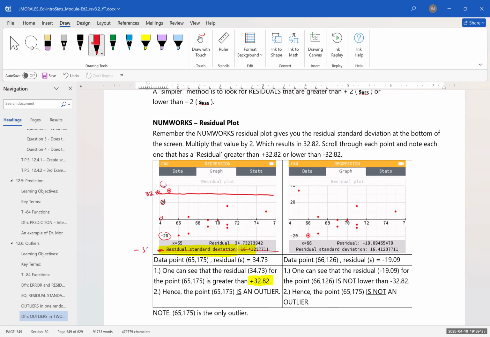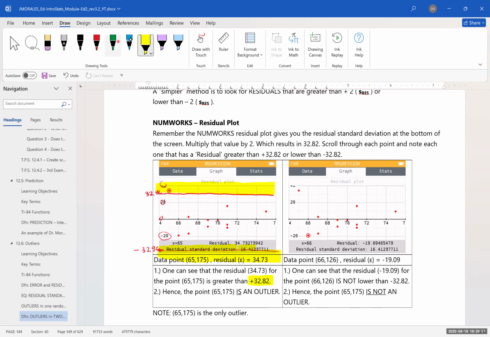So that'd be negative 32.82. And so what you want to do is look for any data points that are either above 2 times the residual standard deviation or below negative 2 times the residual standard deviation.